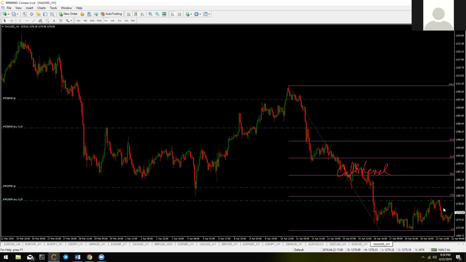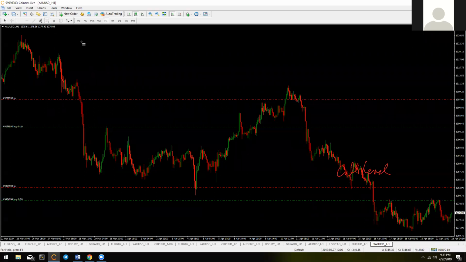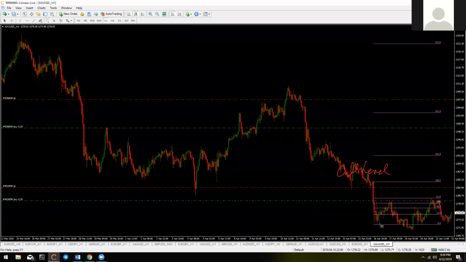Right now it's in consolidation, so it'll probably go back and forth. But even then, you could do it in consolidation areas too. You can put the Fibonacci from here to here, activate it at the 23, take a profit at 38.